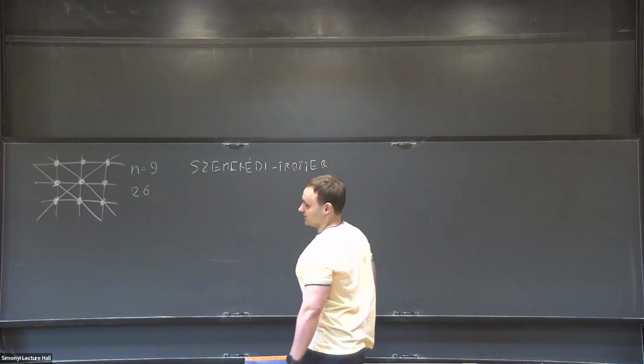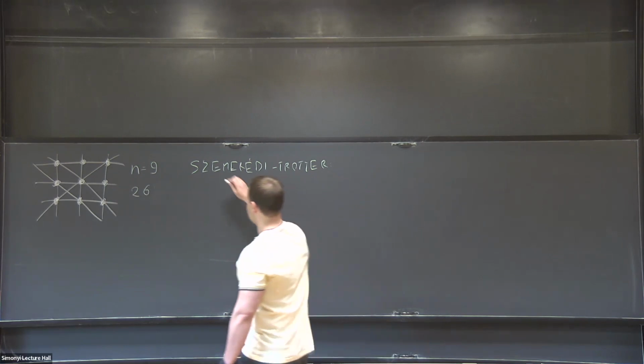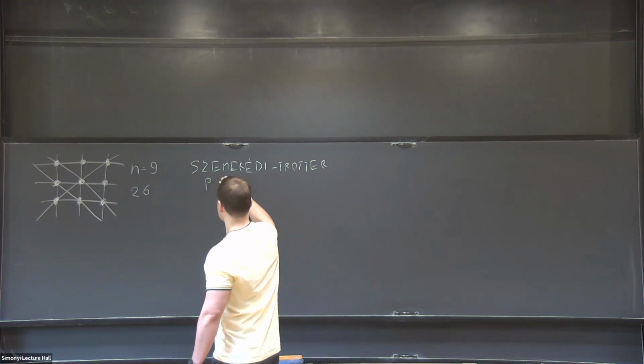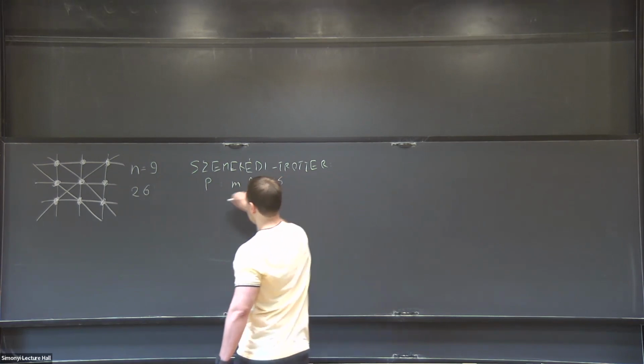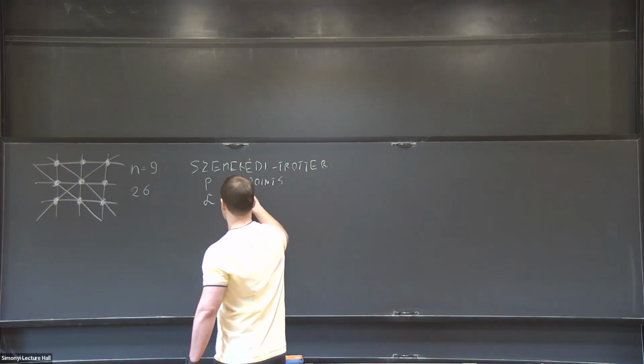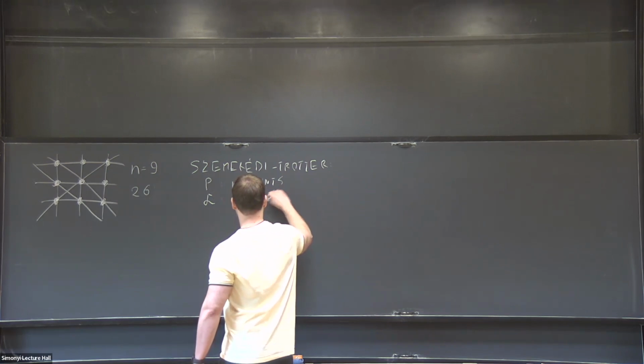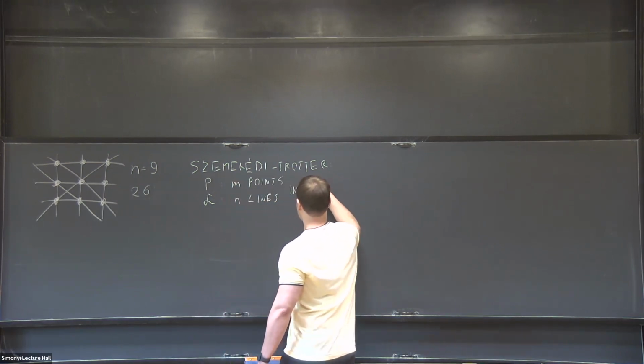They proved the following slightly more general statement. Let's say that P is a set of m points, and L is a set of n lines in R2.